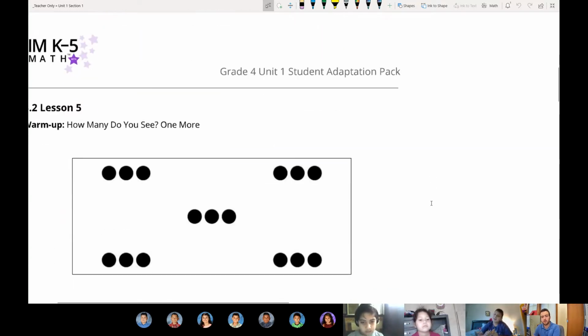I saw them because I counted how many of them there are. I drew them here in my paper, and then I counted it. Okay, so you transferred it to your page then? You drew it in your page? Okay. Very good. Does someone else have another way that they did it?